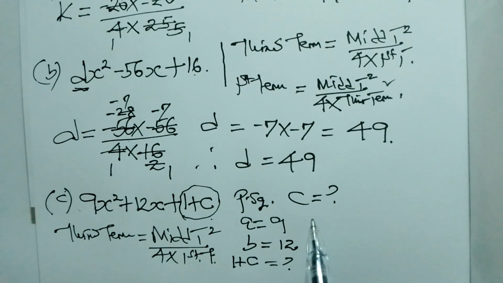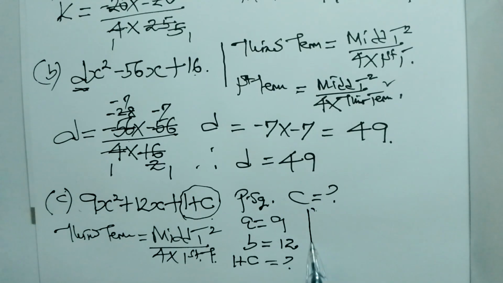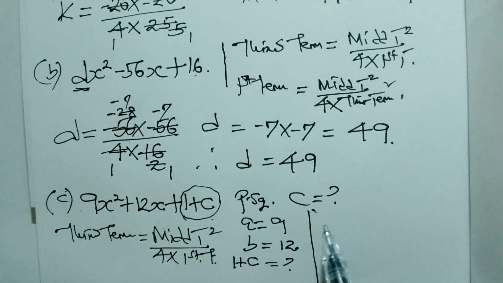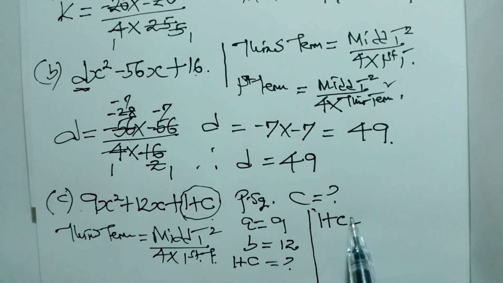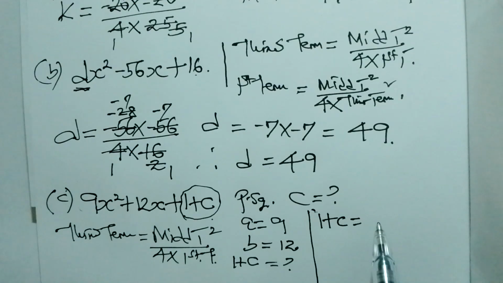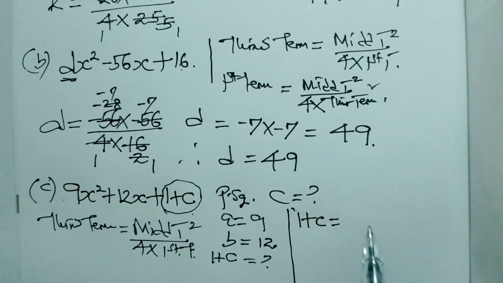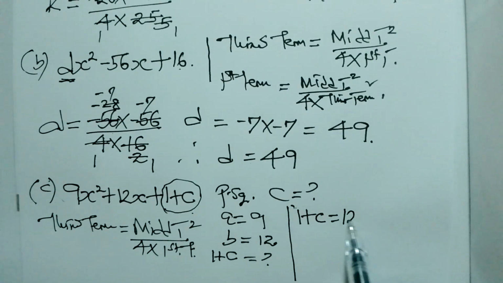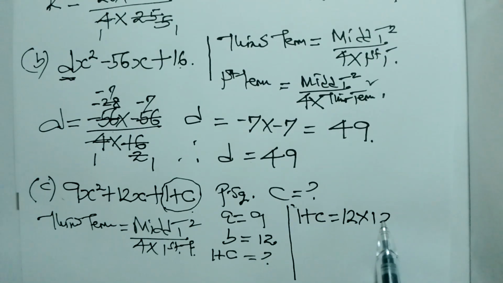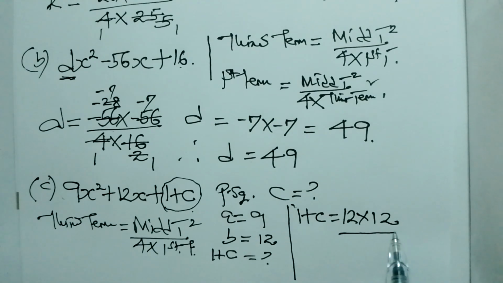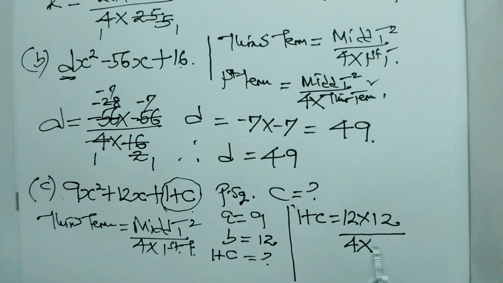So when we substitute this, we are going to get the third term, 1 plus c, equal to the middle term squared, that is 12 times 12, over 4 multiplied by the first term, which is 9.